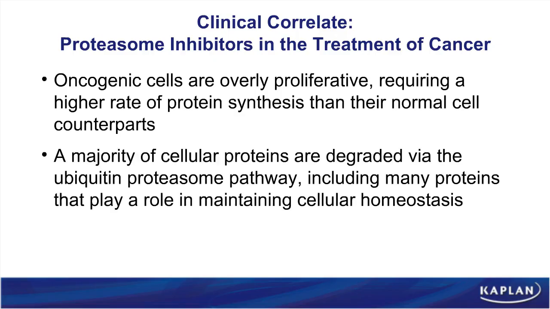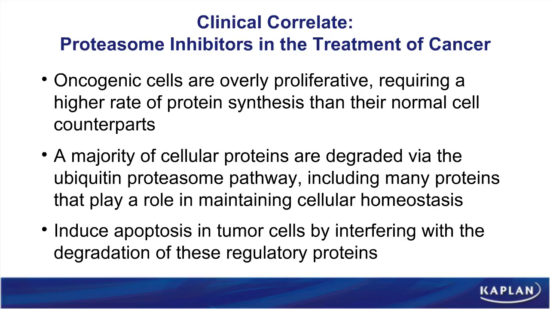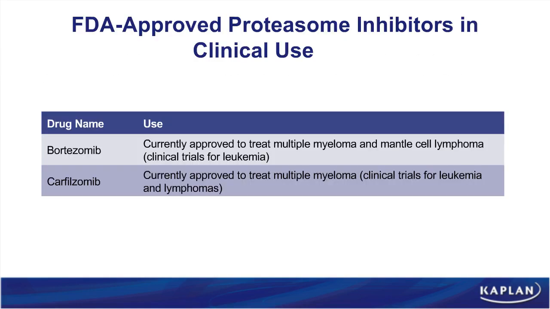Normal cellular proteins are also degraded through the ubiquitin pathway. And if we inhibit the proteasome, we can actually induce apoptosis in certain tumor cells by interfering with the degradation of some of the regulatory proteins that are important in maintaining cellular homeostasis.